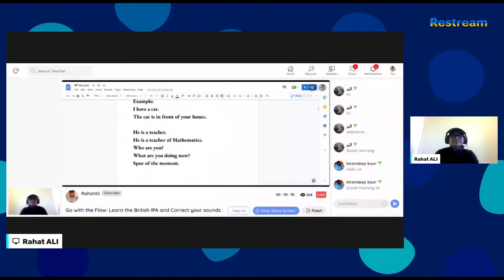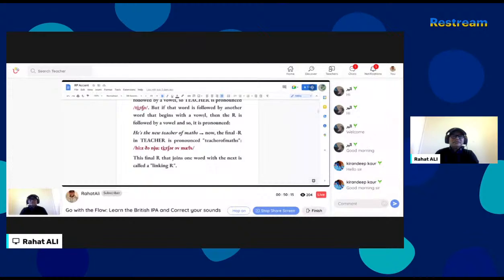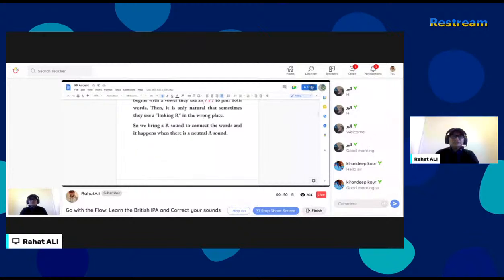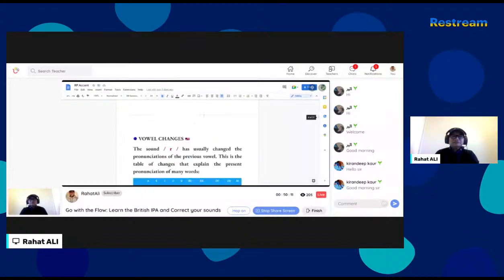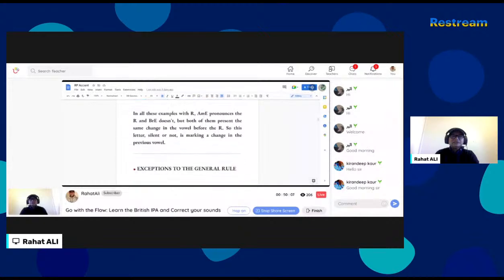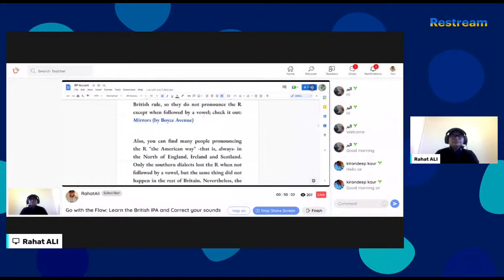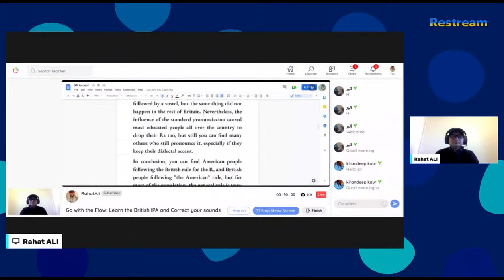And one suggestion for all of the people who like to develop their British English, British pronunciation, is to focus at the first time on letter R and letter T. Then we covered linking R, intrusive R, vowel changes, and there are exceptions as well.